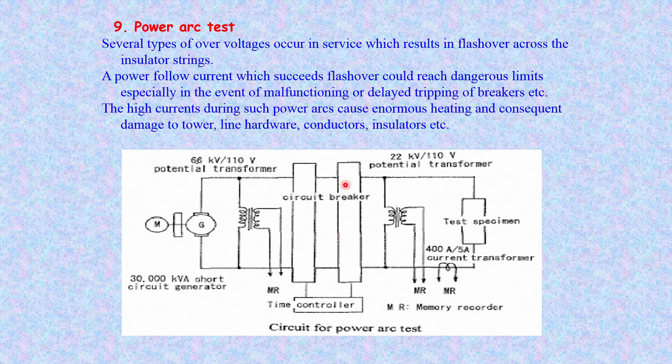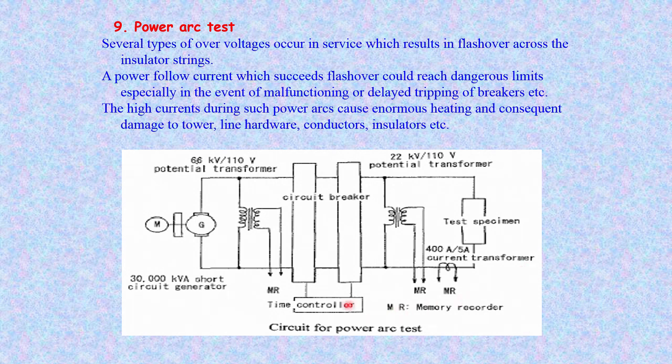This could heat up and lead to a failure of the insulator string in the transmission tower. So, for this, a special arrangement has to be made in the laboratory to test this event.